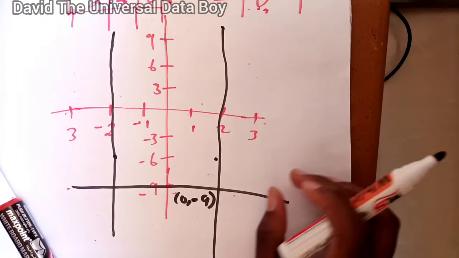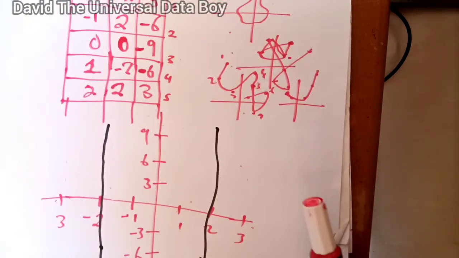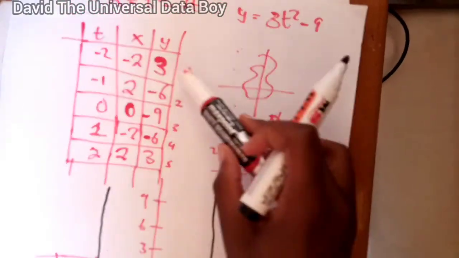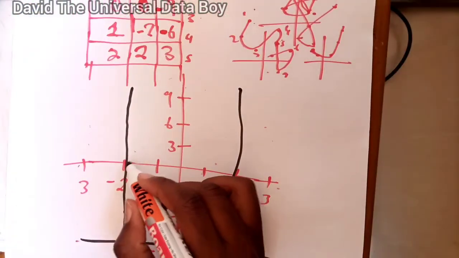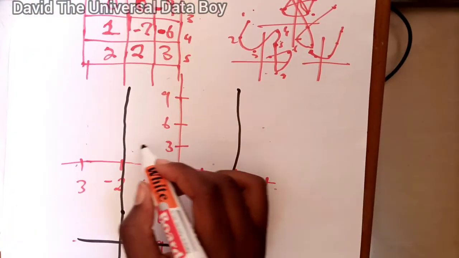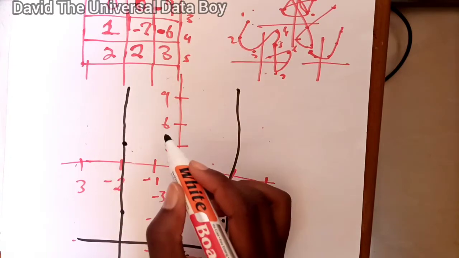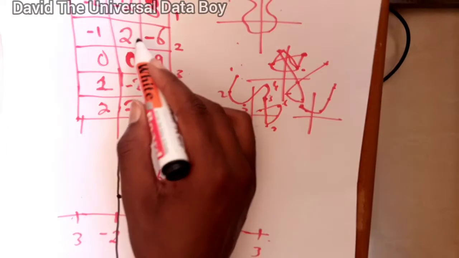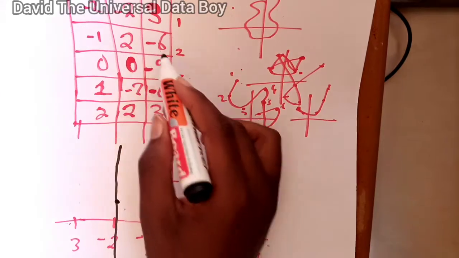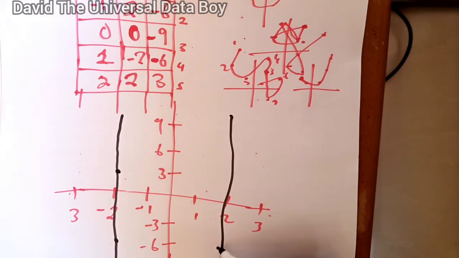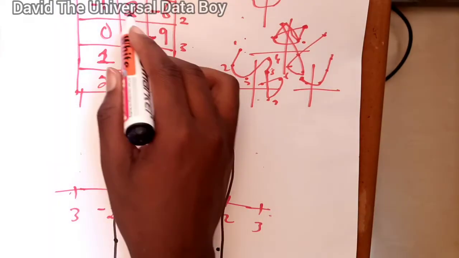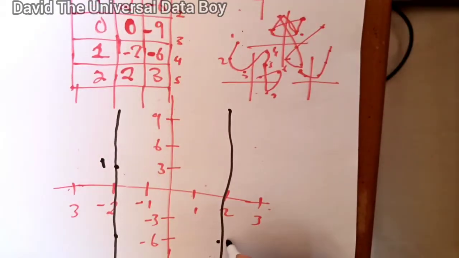So now for the graph, we are having coordinates. I've got negative 2 comma 3 as our first one. Then our second one is 2 comma negative 6, there.